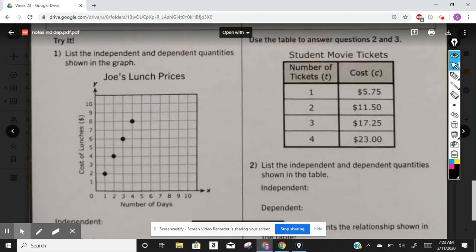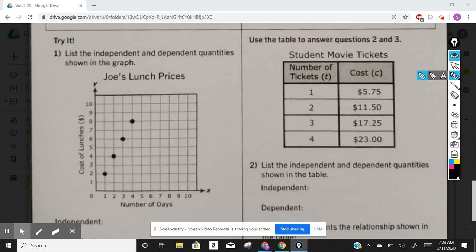So it says list the independent and dependent quantities in the graph. So if we look right here, we have Joe's lunch prices, we have number of days, and we have cost of lunches.